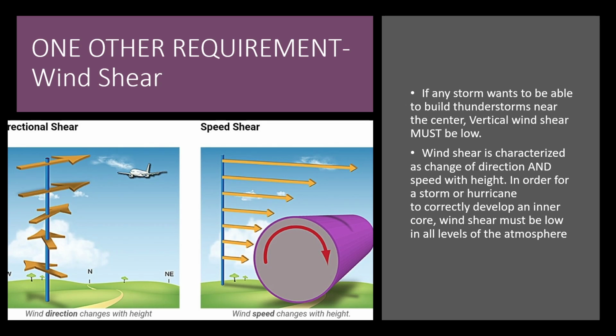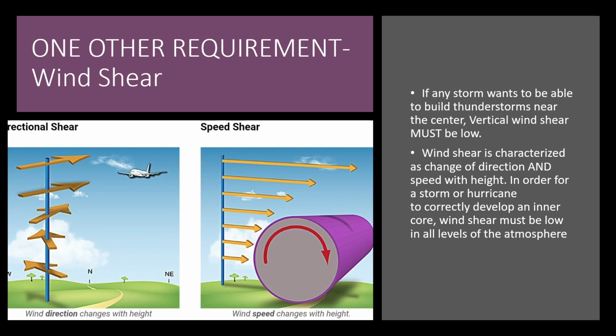The reason is that if you have a ton of directional shear, these thunderstorms will actually get blown off in one direction, away from the axis of rotation. What this causes is the storms cannot perfectly build that eye wall. They cannot continue to lower the pressures in the atmosphere. That causes the storm to eventually either hold steady or rapidly weaken with time.